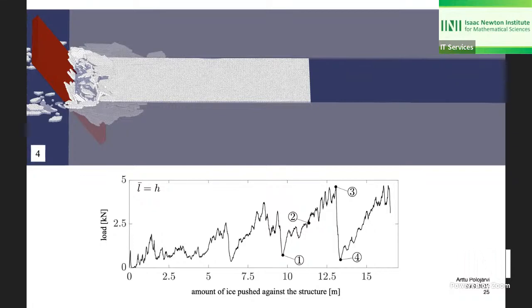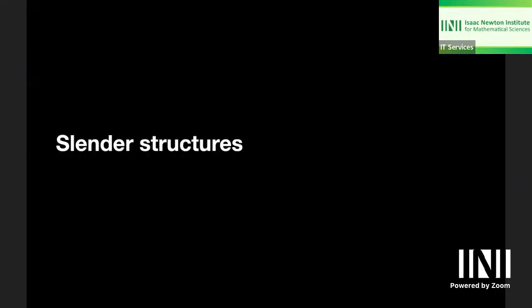From these simulations I can get the exact rubble volumes, and when I plot those on top of the load curves, I can see that there's basically a 1-to-1 correlation. The correlation factor between those two is basically 1. So what I'm saying is that this whole thing that I just showed you explains all of these peak forces very well.